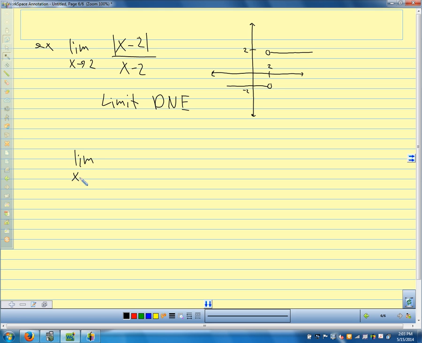Now let's look at the limit as x approaches 2 of this function. Our function is f of x equals x plus 2 when x is greater than or equal to 2, and f of x equals x squared when x is less than 2.